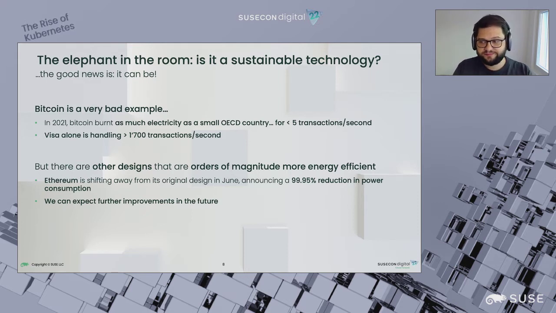Now that we have a track record, we have a better understanding, we can build blockchains with a way better and more energy efficient approach. Ethereum, for example, is, as we speak, shifting from a previous design to a new design, which is by itself reducing power consumption by 99.95%. And we can even expect further improvement in the future. So it can be a sustainable technology.